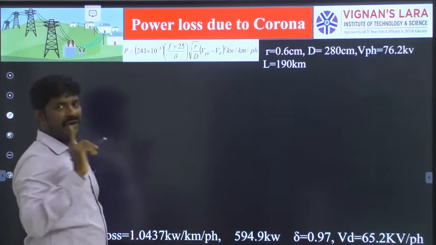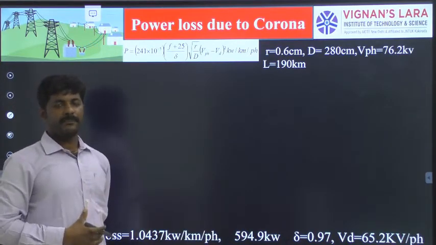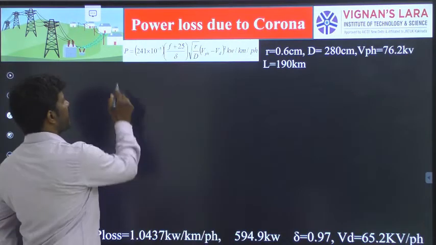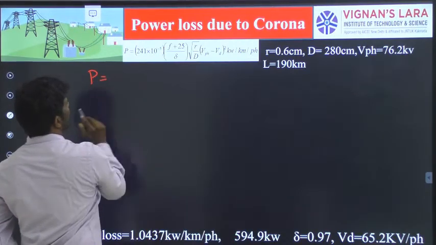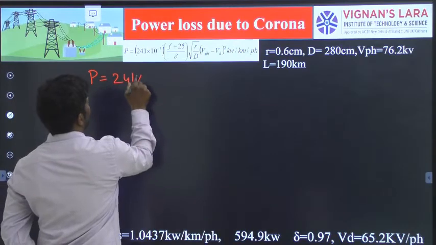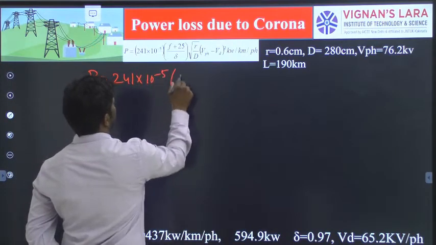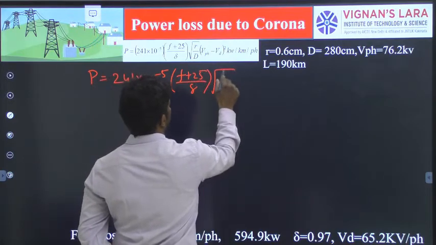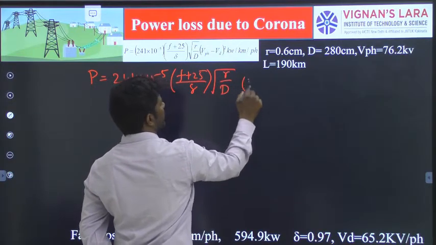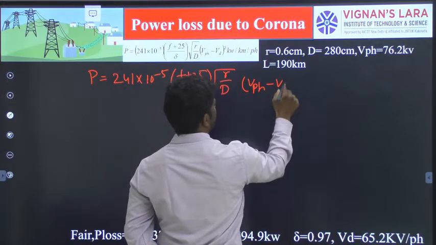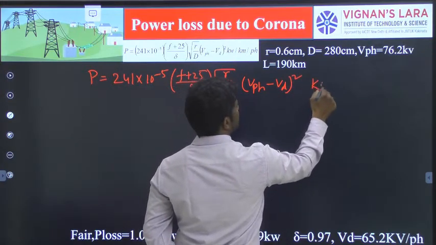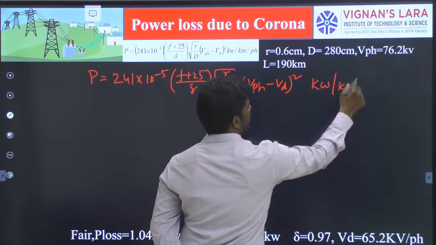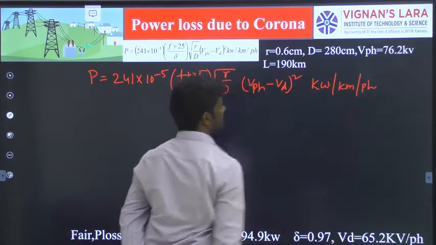As per the empirical formula defined by Peek, the power loss due to corona is P equal to 241 into 10 power minus 5 into F plus 25 by delta into square root of R by D, V phase minus VD whole square, whose unit is kilowatts per kilometer per phase.